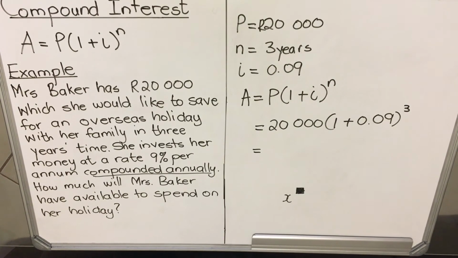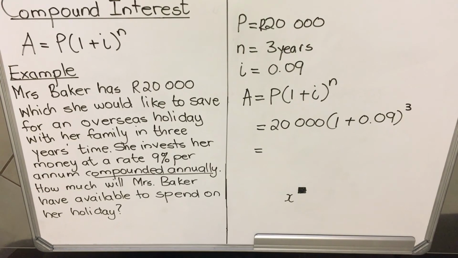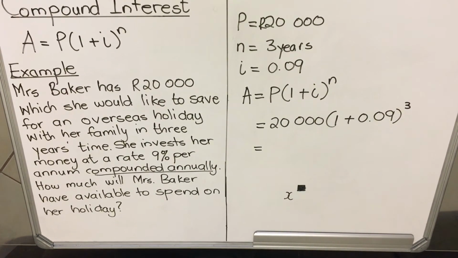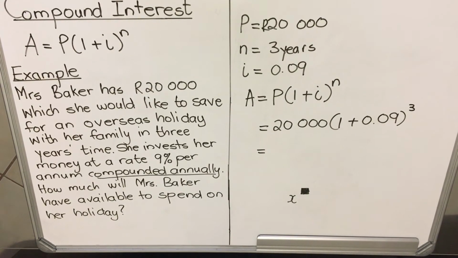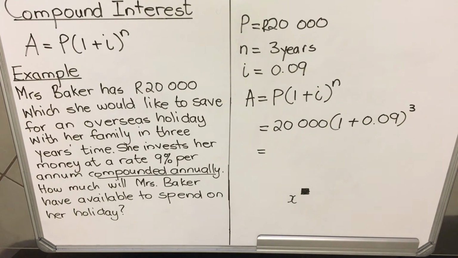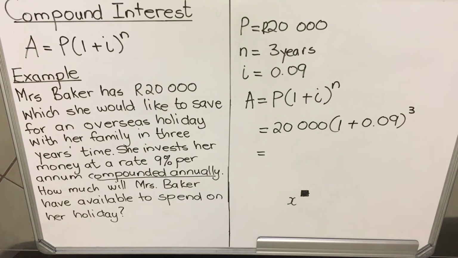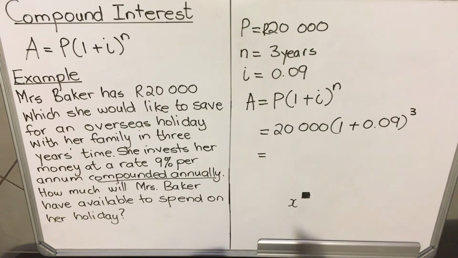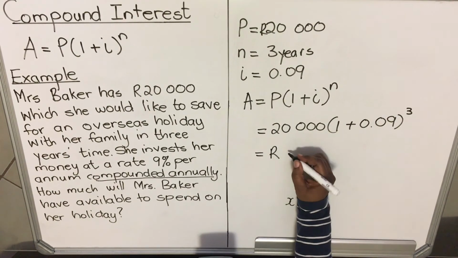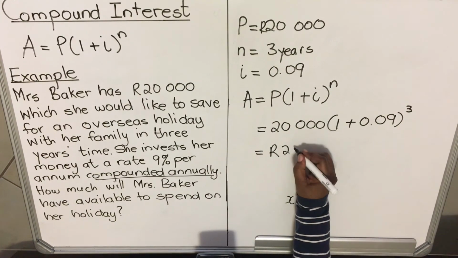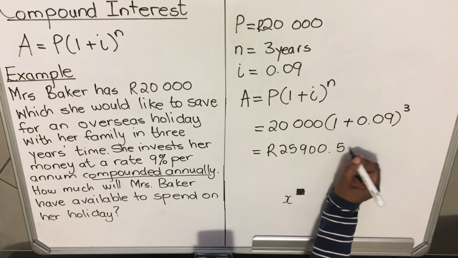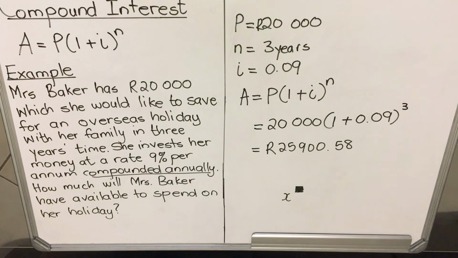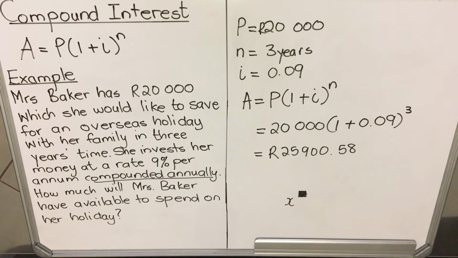You can put any value for the exponent. I press that in my calculator and then I put a 3 there. Equals, and she will have in 3 years 25,958 rand and cents.